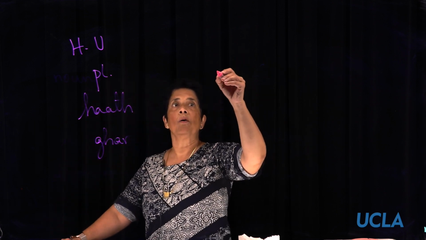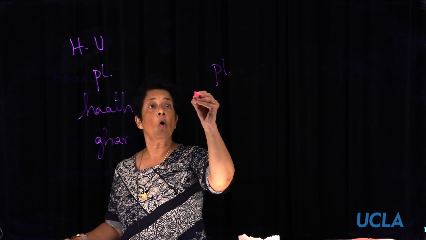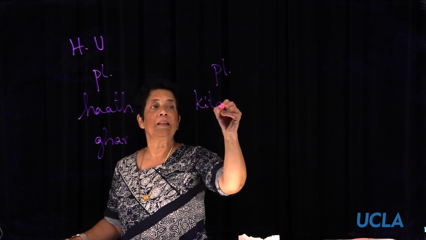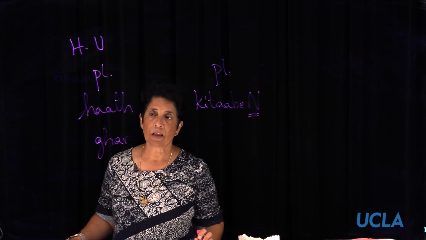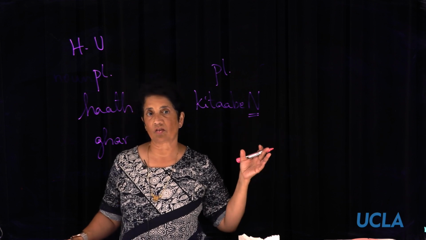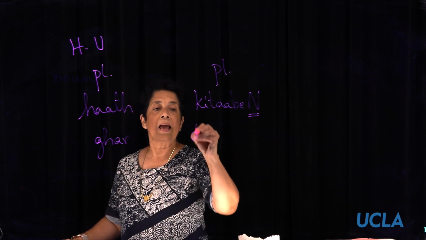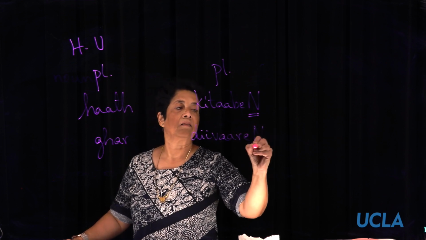How about some other plurals like ek kitab, do kitabein. Okay. And you can take something like diwar, which is a wall, right? Ek diwar, do diwarein, right?